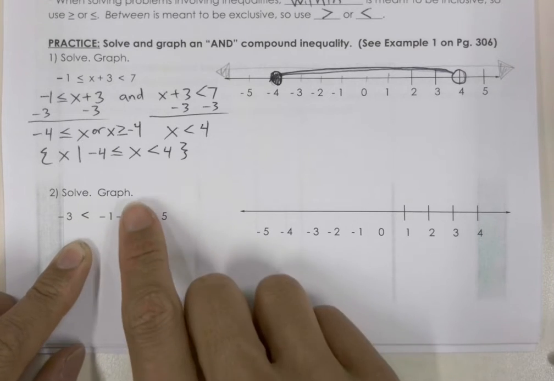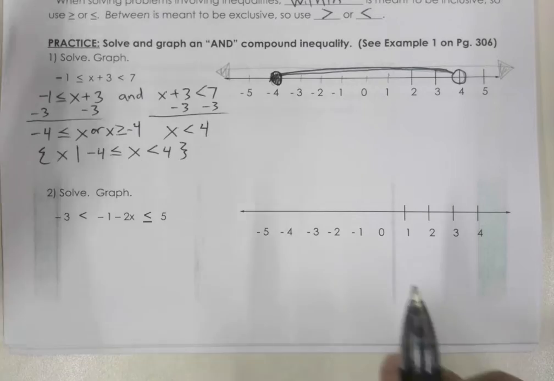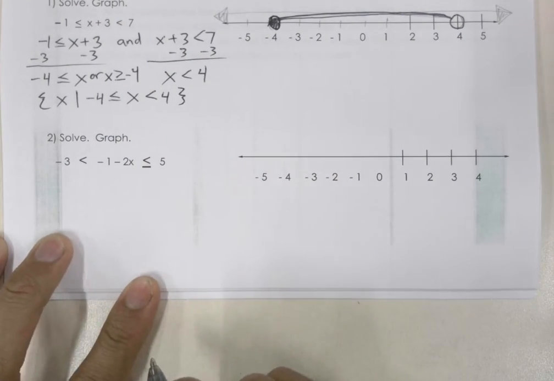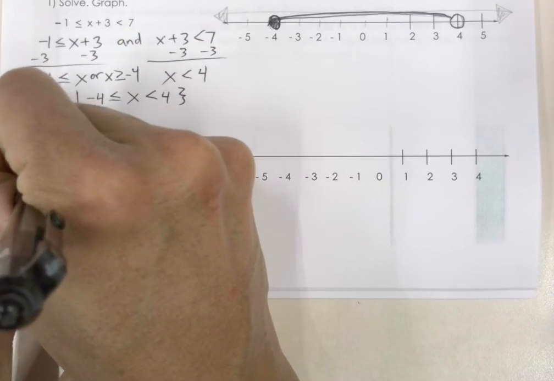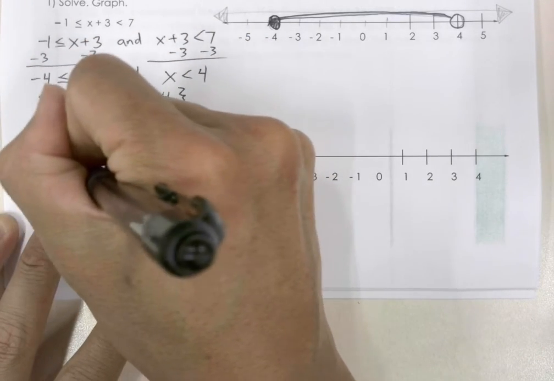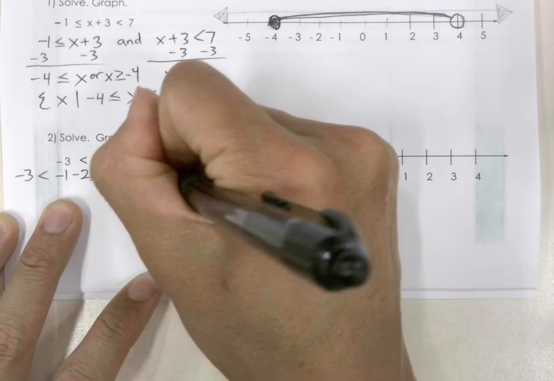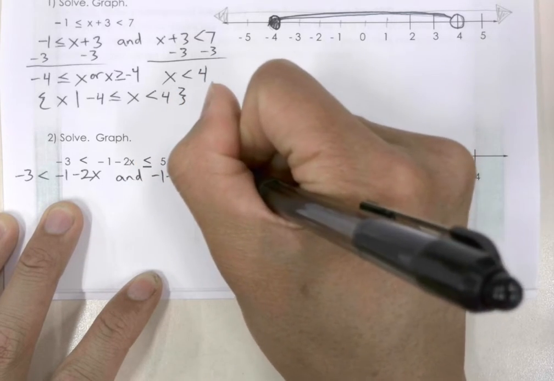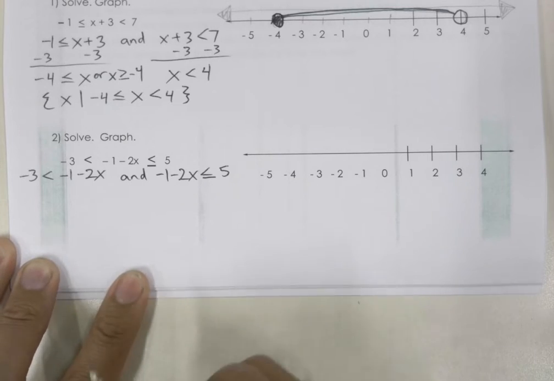Let's go ahead and move on to number 2, and we'll go through the same process. We're going to start by separating the inequality into two inequalities. -3 is less than -1 minus 2x, and -1 minus 2x is less than or equal to 5. Let's solve both inequalities.